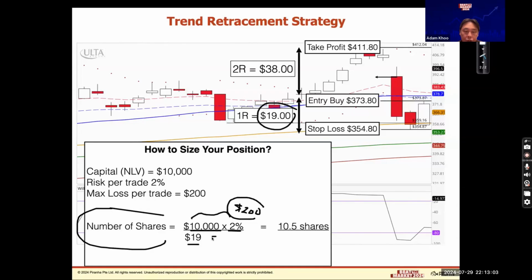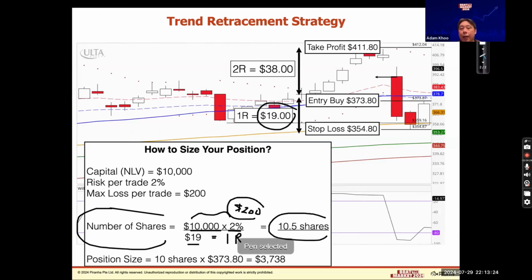Okay, this is your 1R. This gives you 10.5 shares. Ta-da! That's it. That's how many shares that you buy. Got it? Okay. Now, what is your position size?